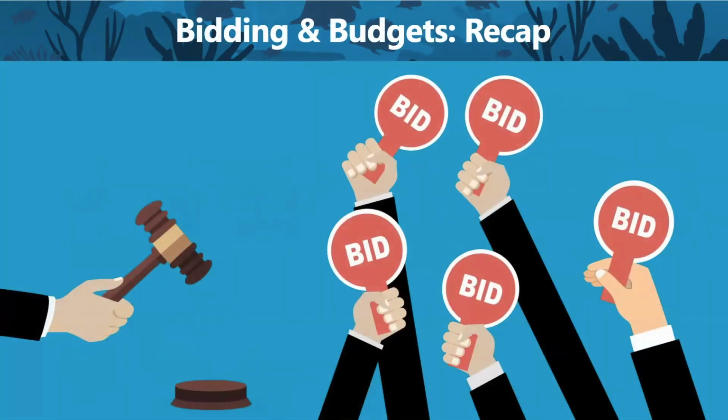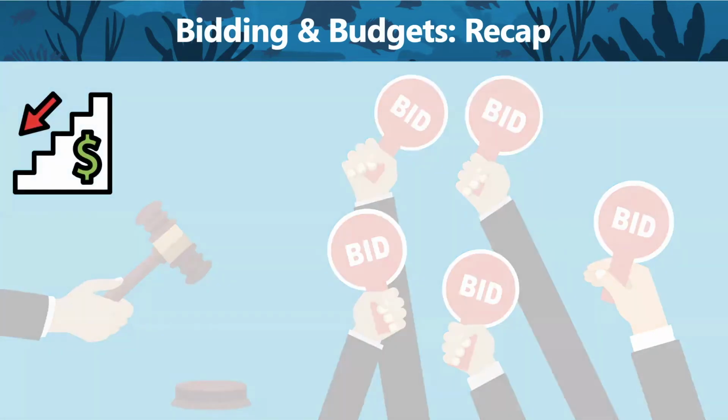To recap, when it comes to spending your ad dollars, you can adjust how your money is spent by choosing different bid strategies and using spending limits and budget optimization. The default bid strategy is lowest cost and tends to limit your results by restricting how much you spend per bid, which Facebook controls automatically.